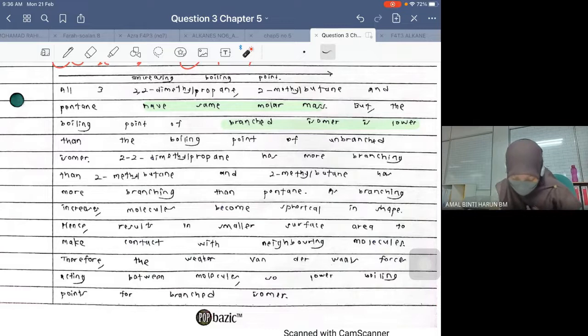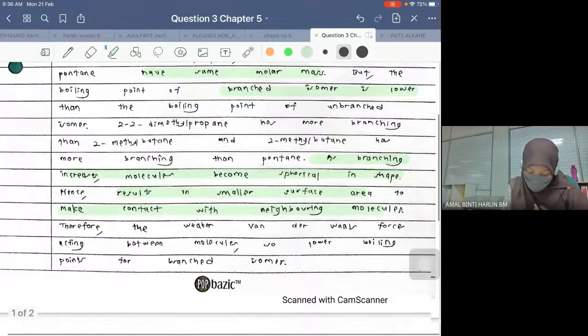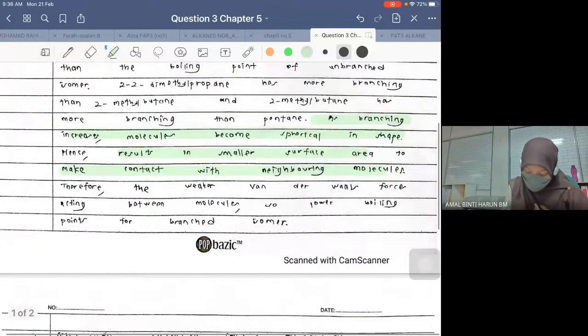Sharon: as branching increases, molecules become spherical in shape. Okay. So, bila dia banyak branching, smaller surface area make the contact with the neighboring molecule. Okay. And therefore weaker van der Waals forces.